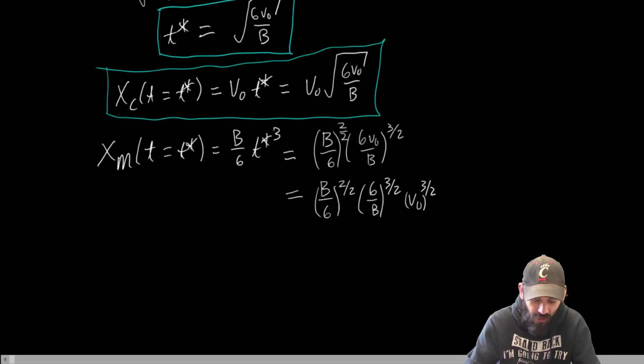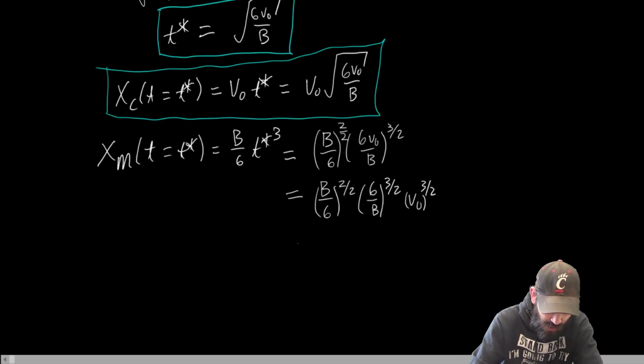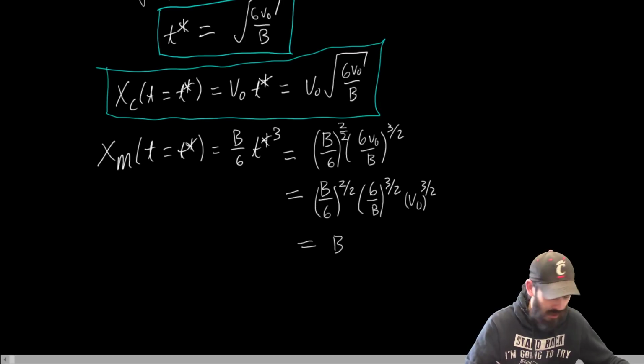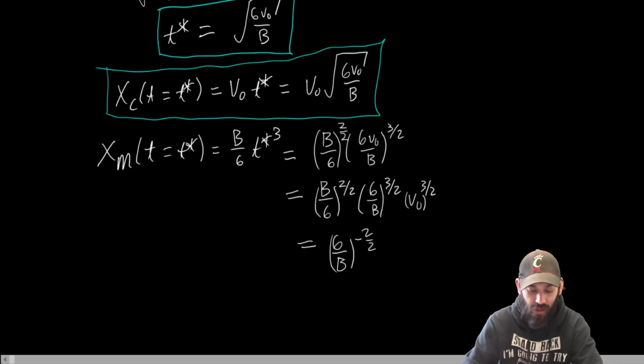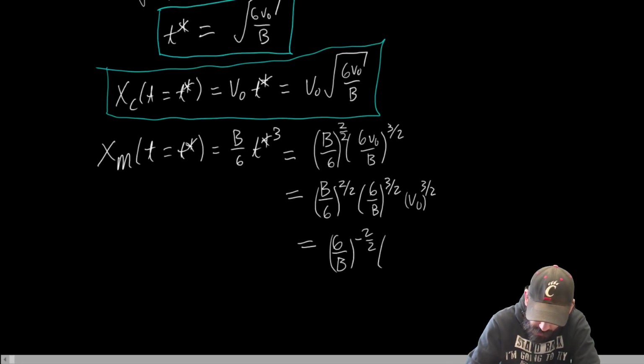Now, really, (b over 6) to the 2 over 2 is the same thing as (6 over b) to the minus 2 over 2, right? Because I can just flip it over. Those are the same thing, times (6 over b) to the 3 over 2 times v0 to the 3/2.